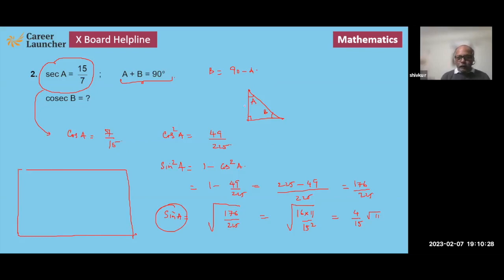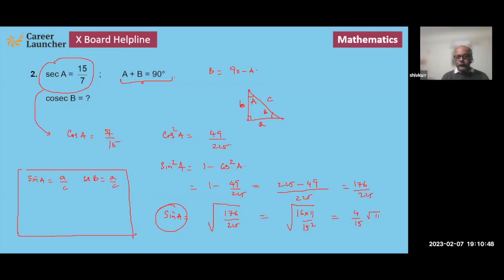If this is A, this is B, and this is C, we find that sine of A is equal to a by c, and cos of B is also equal to a by c.